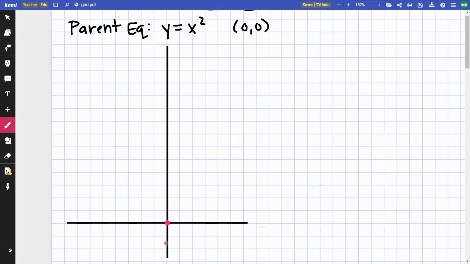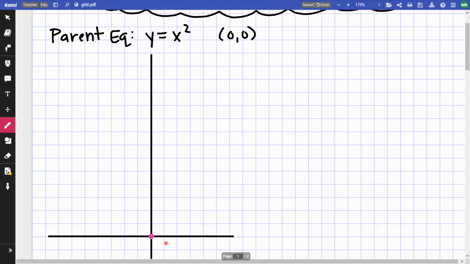Let me zoom in a little bit. 1 squared is 1, so if I go out 1, I'm up at 1. If I go out 2, 2 squared is 4, so I'm going to go up 1, 2, 3, 4. If I go out 3, 3 squared is 9. 1, 2, 3, 4, 5, 6, 7, 8, 9, and so forth.